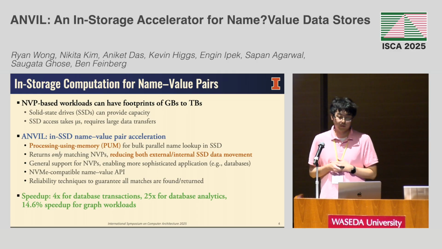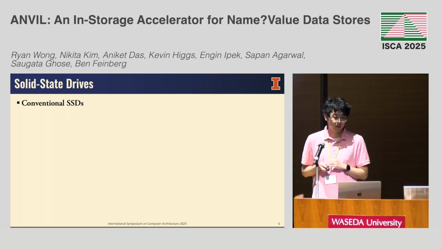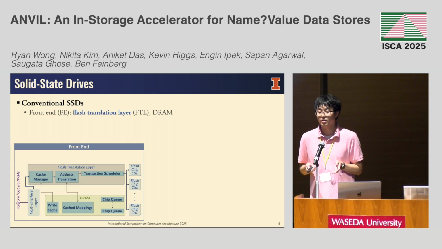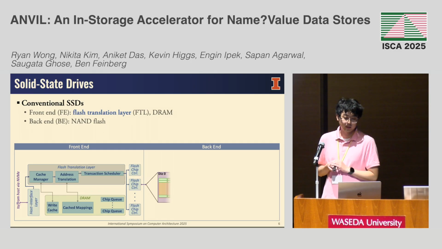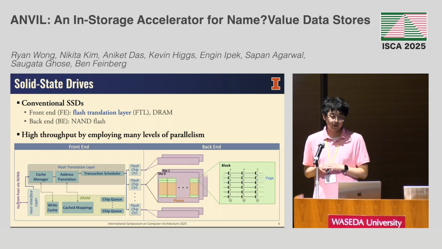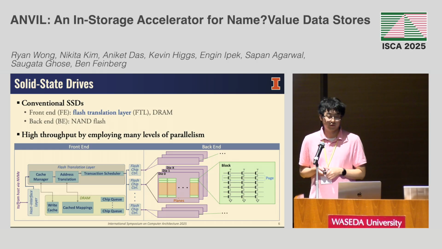Before I dig into how ANVIL works, I quickly want to give a brief overview of how solid-state drives work. So a conventional SSD can be divided into a front end, which is comprised of the flash translation layer and some DRAM, and a back end in which the NAND flash exists. Notably, the back end enables high throughput through a hierarchical layout and employs many different levels of parallelism.